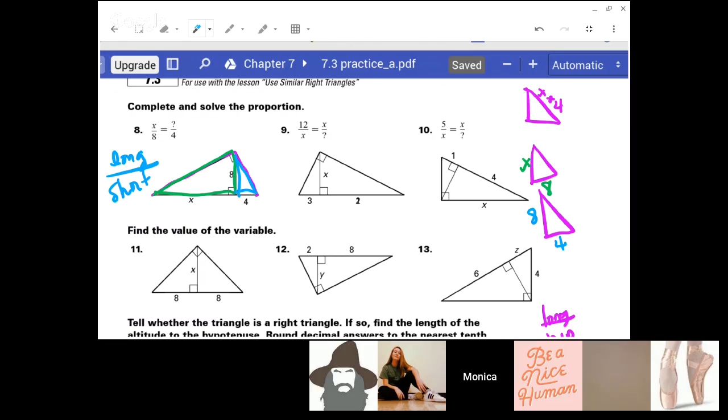So then if you look at the other proportion, or ratio, on that other side, we have something over 4. What we know is that 4 has to be the short side of one of the triangles. So which triangle is 4 the short side of?